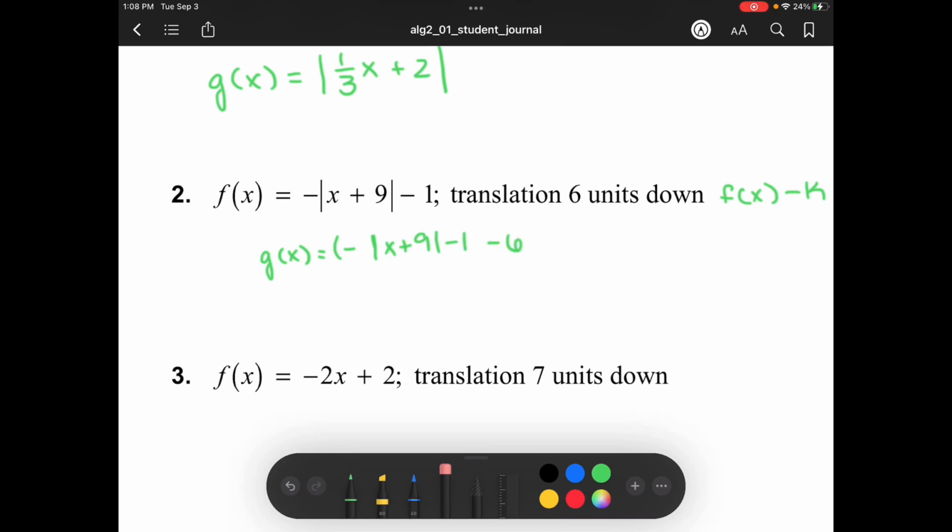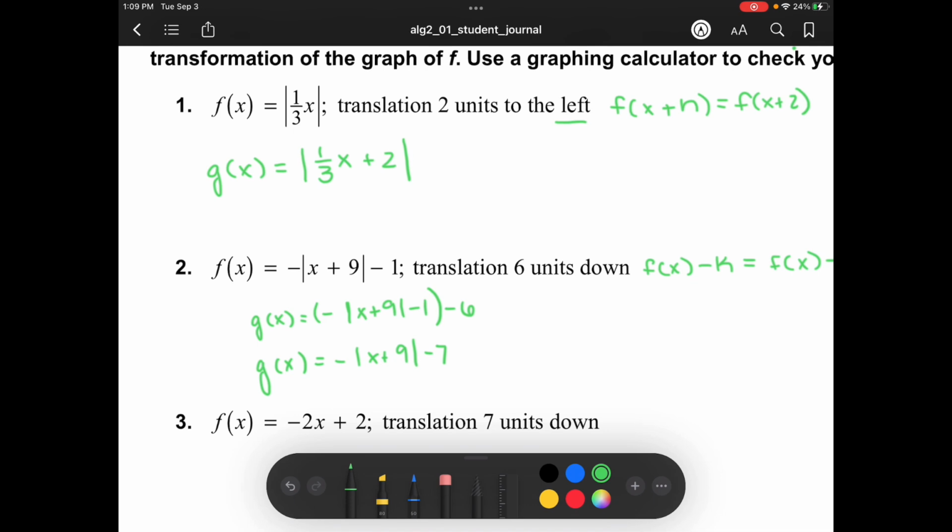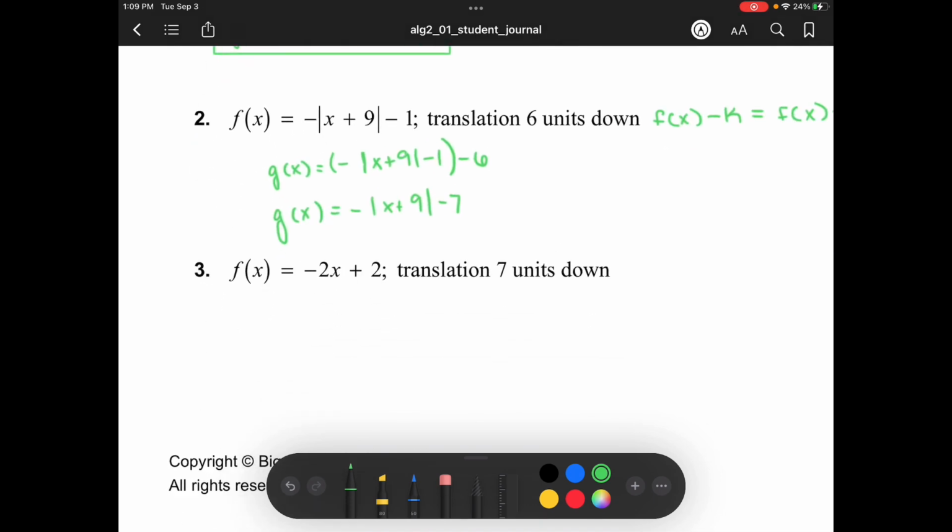I should make that more of a parenthesis here. So then if I go ahead and simplify, I will get g of x is equal to negative x plus 9, and then negative 1 minus 6 is negative 7. Okay. I'm going to go ahead and box my final answers here.